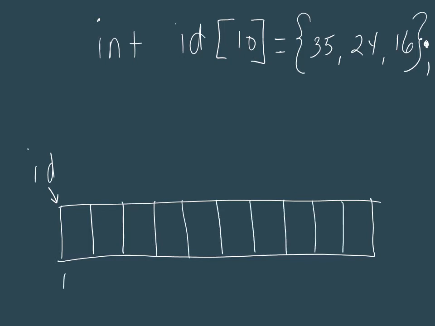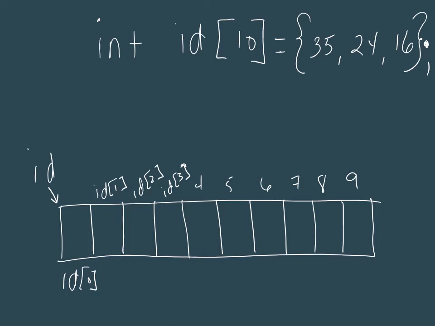So this is ID at index 0, ID at index 1, ID at index 2, ID at index 3, and so on. This is 4, 5, 6, 7, 8, and 9. And to be integers, you have to put ID within the brackets.